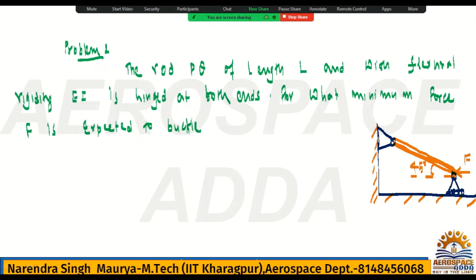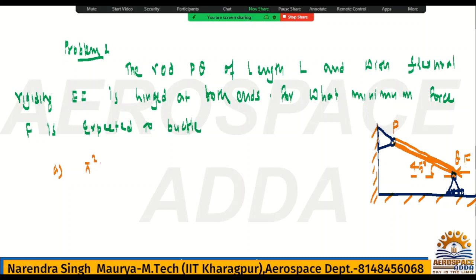They are asking what force F is expected to buckle the column PQ of length L, hinged at both ends. What minimum force is required to buckle the column?